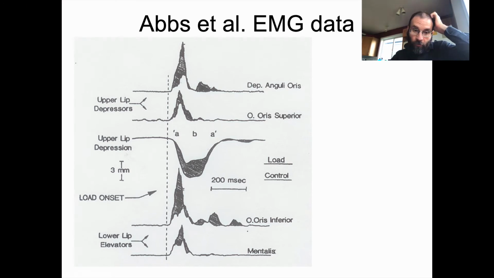So the way this diagram works is it's showing time here on the x-axis, and then it's looking at the activation of different muscles that we use to move the lips around. So we've got the orbicularis oris, and we've got the mentalis, so on and so forth.